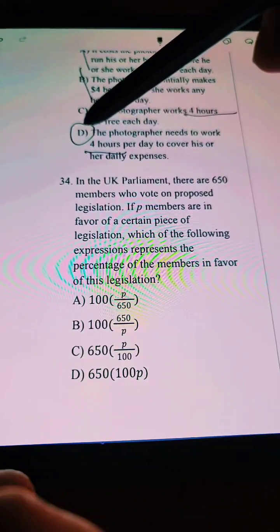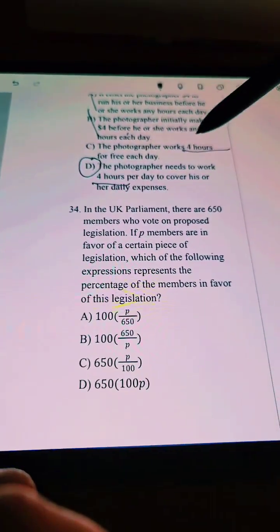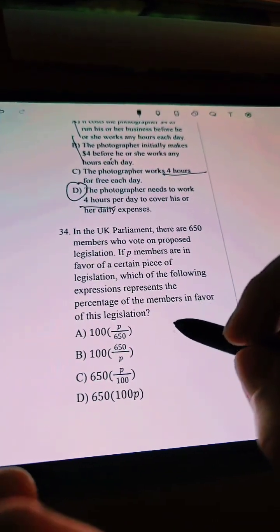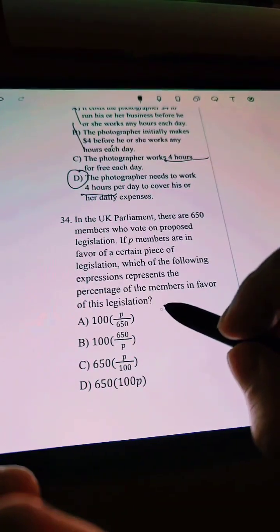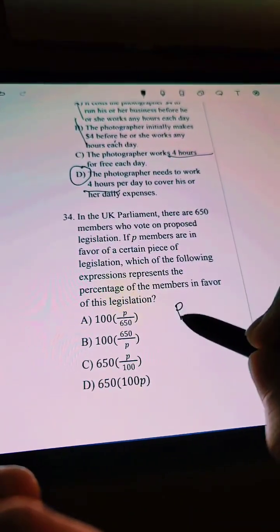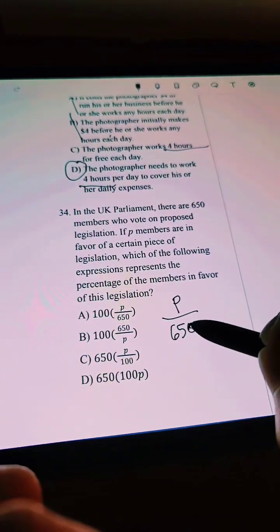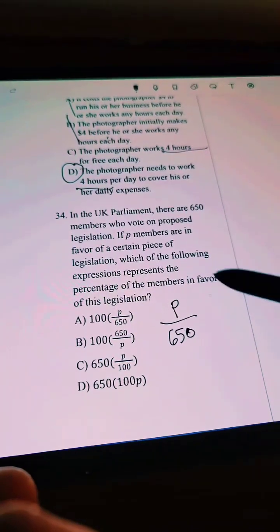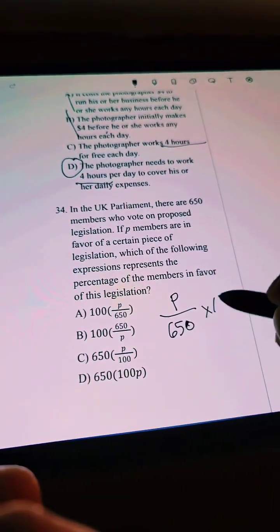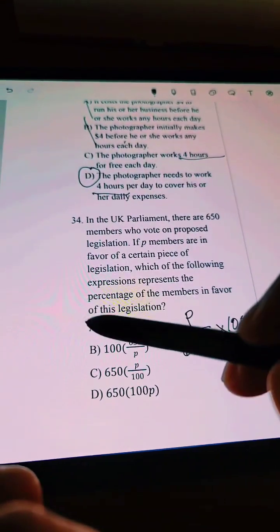There's going to be P members in favor of it out of the total, which is 650. If we're writing it as a fraction, it would be P over 650. And then to make the fraction into a percent, we would just multiply by 100. So then it's going to be A.